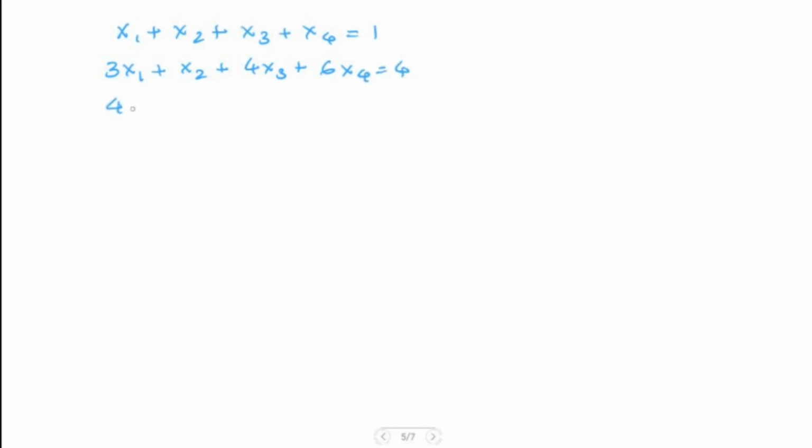And here we have 4x1 plus 3x2 plus x4 is equal to 2. So those are a system of linear equations, and this can be solved using Gaussian elimination.